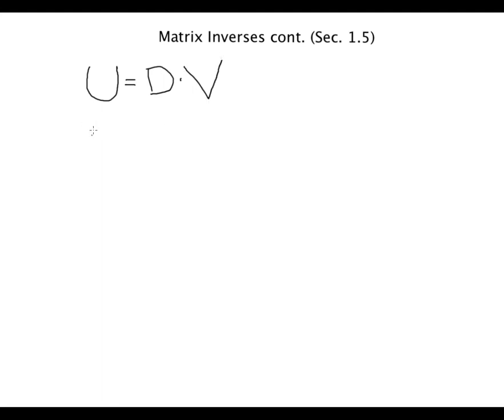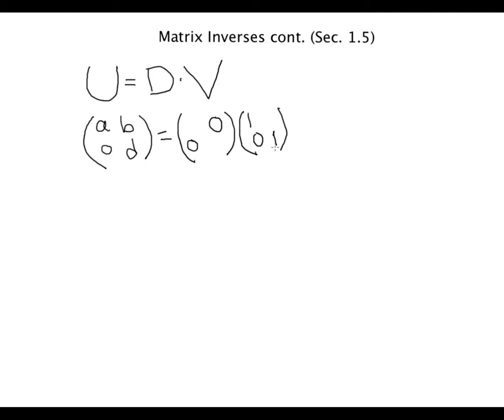And let's just illustrate this with a 2 by 2 example. If you have an arbitrary upper triangular matrix, that's of the form A, B, 0, D. And I want to write that as a diagonal matrix, so that's a matrix that looks like this, times a special upper triangular matrix, which looks like that.